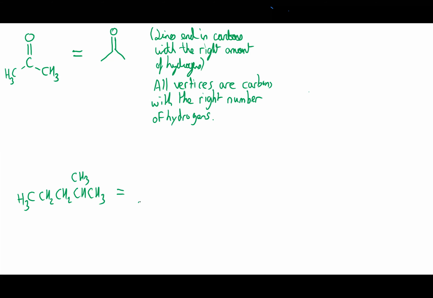That's equal to that, where that's A, B, C, D, E, F. So A, B, C, D is where they branch, E, F.